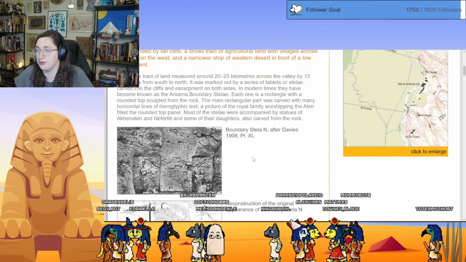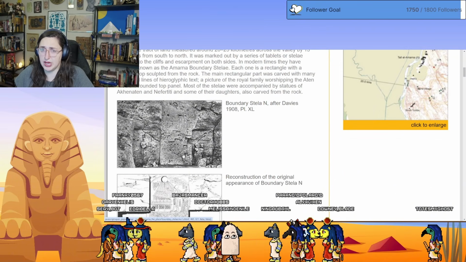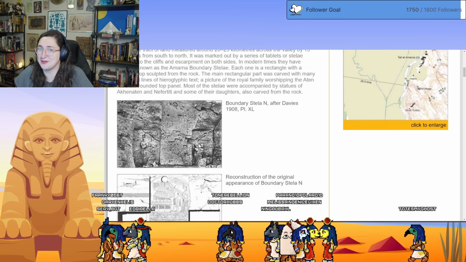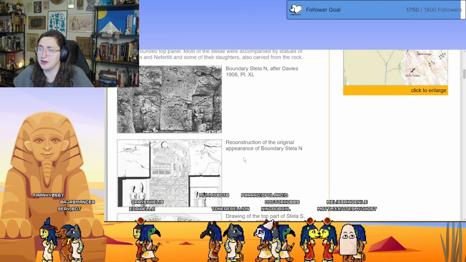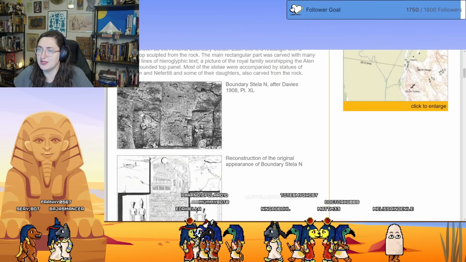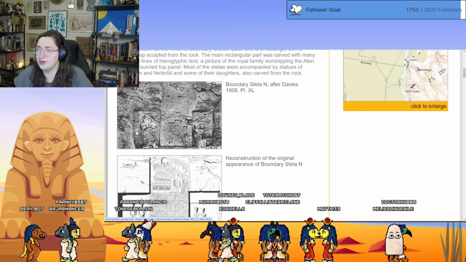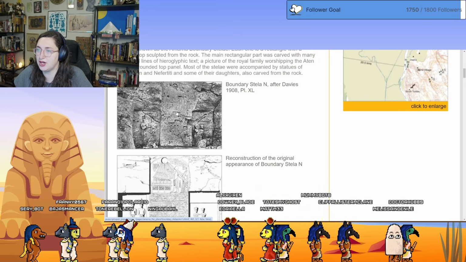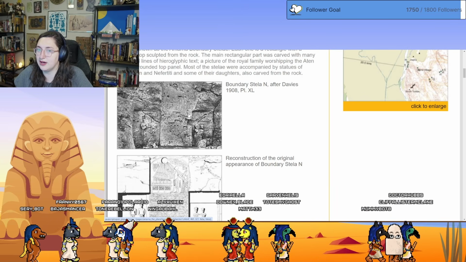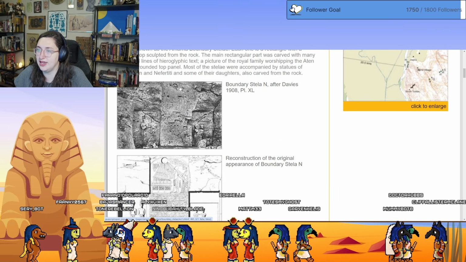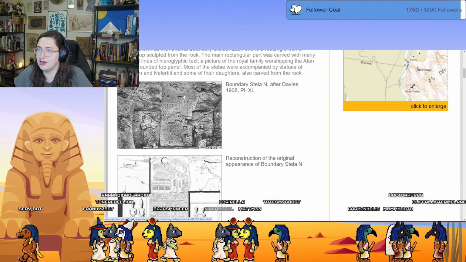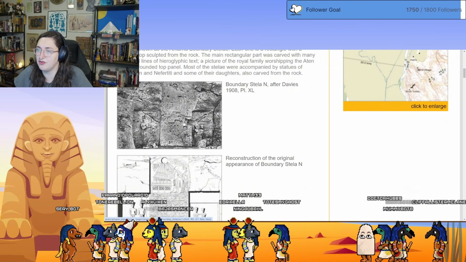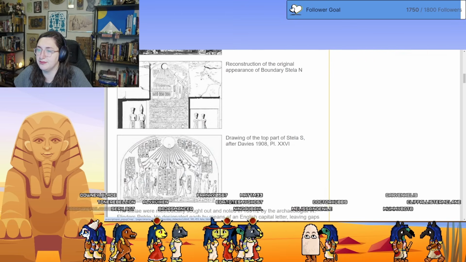So we're going to look up better pictures of these because for some reason the Amarna project's pictures are very, very blurry. But you can see two statues right here, one of Akhenaten and one of Nefertiti, and two of their daughters. This whole square here in the middle is the hieroglyphic text, and then you have the Aten sun here at the top, and you have Akhenaten and Nefertiti worshipping the sun up there at the top.